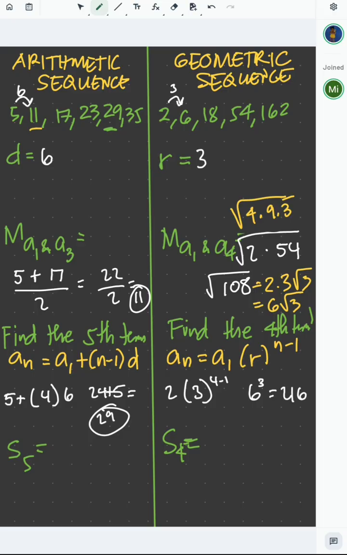Okay, hold on. Michaela, it's not 6 cubed because this one is 3 to the 4 minus 1, so that is 2 times 3 cubed. You cannot multiply 2 and 3 here because they have different exponents. So you have to simplify 3 cubed first before multiplying it by 2.